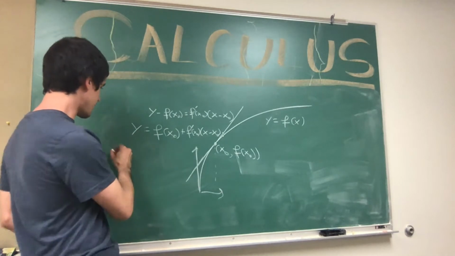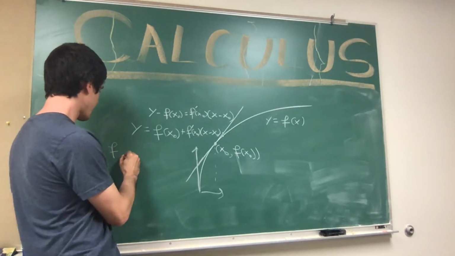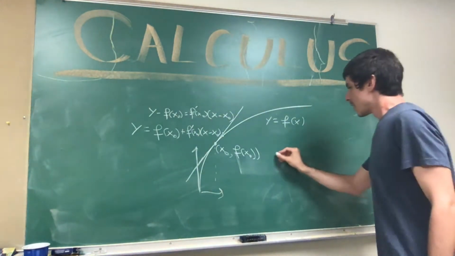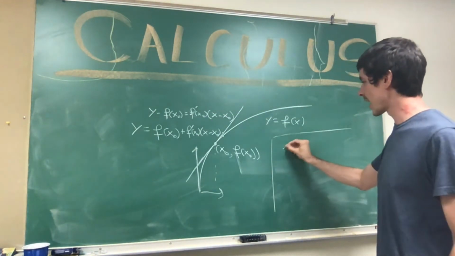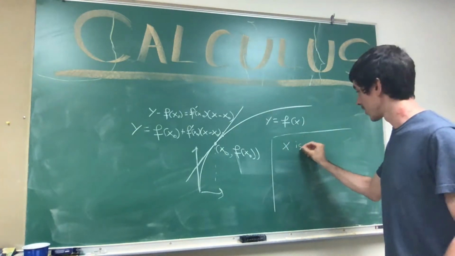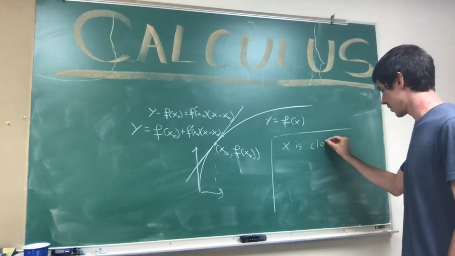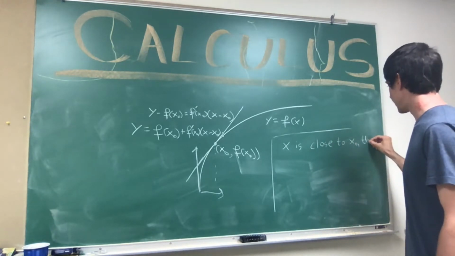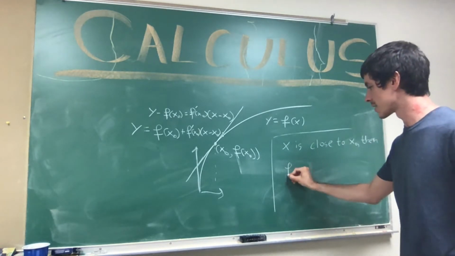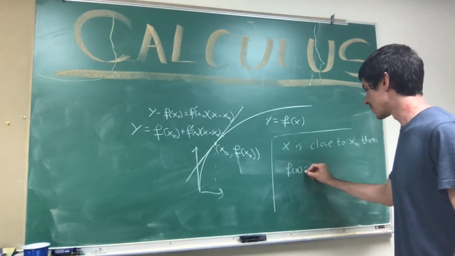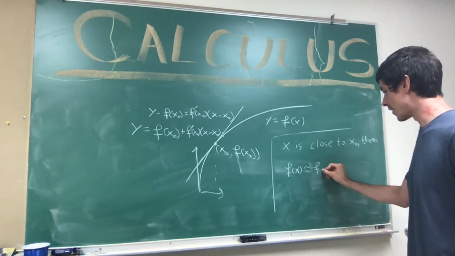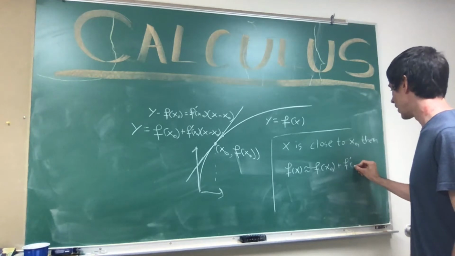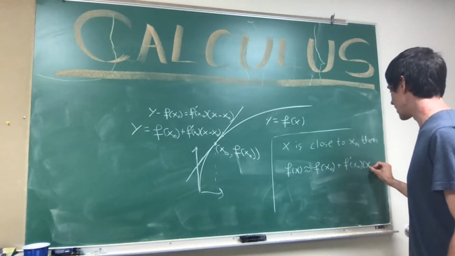And we can express this by saying that if x is close to x0, then f of x is approximately equal to f of x0 plus f prime of x0 times x minus x0.